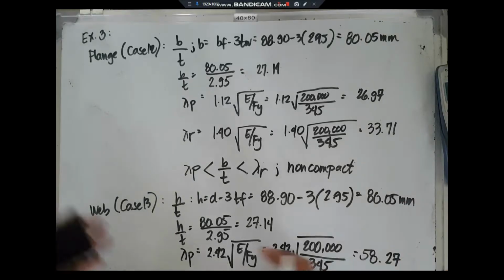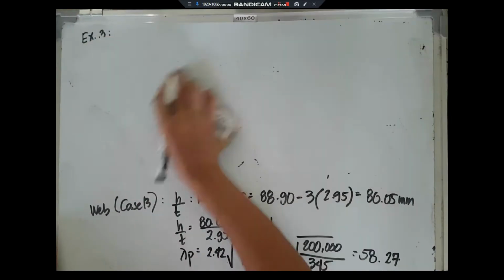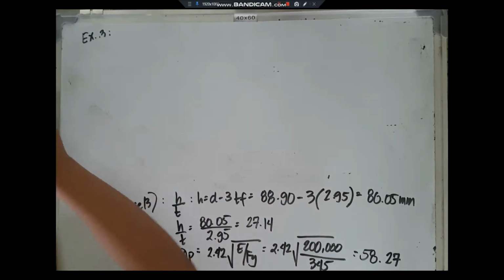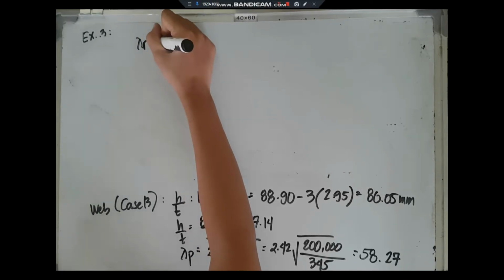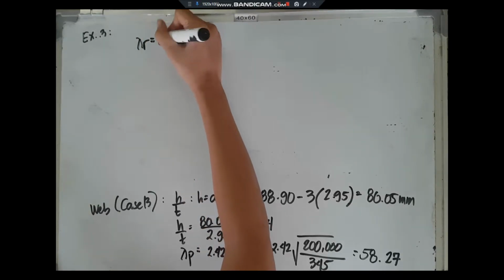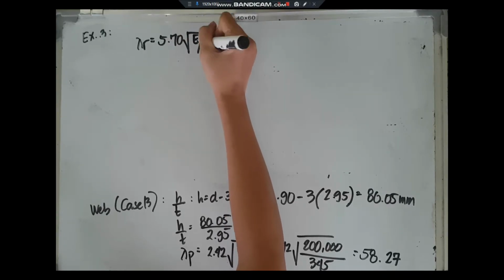And for our lambda r, it is equal to 5.7 square root of E all over Fy.